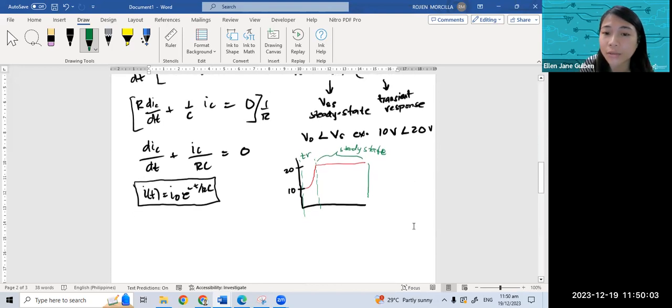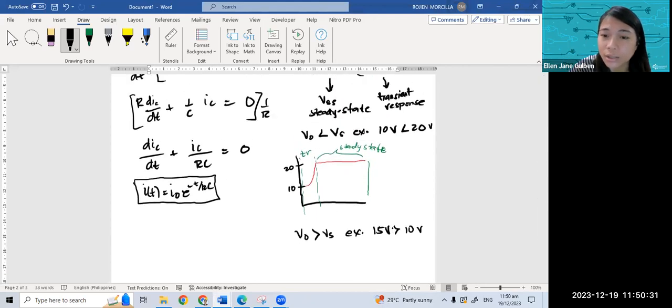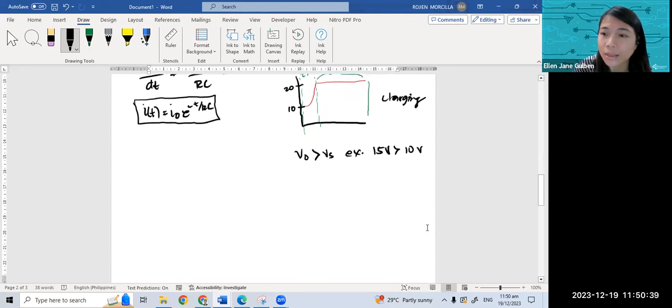So what happens if we get this kind of state, like VO is greater than VS? Example, 15 volts is greater than 10 volts. What you supply is smaller than the initial value, so it will be a decay. This one is charging, while this one you will get a discharging transient response.